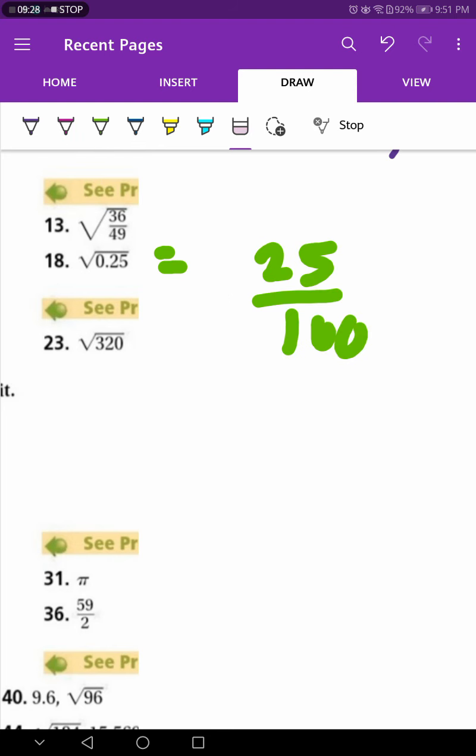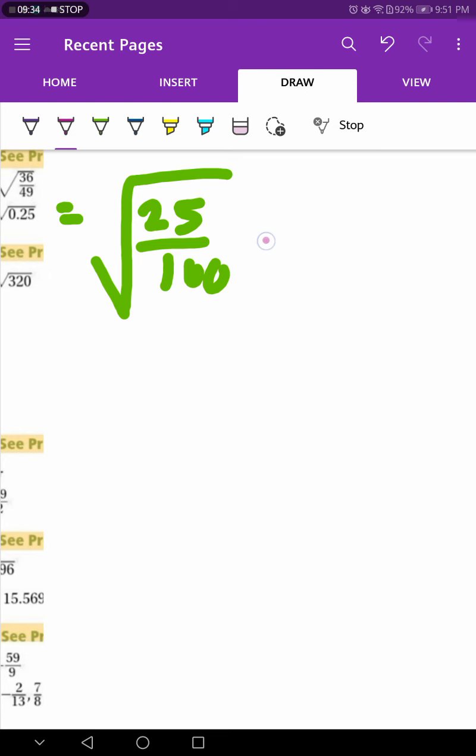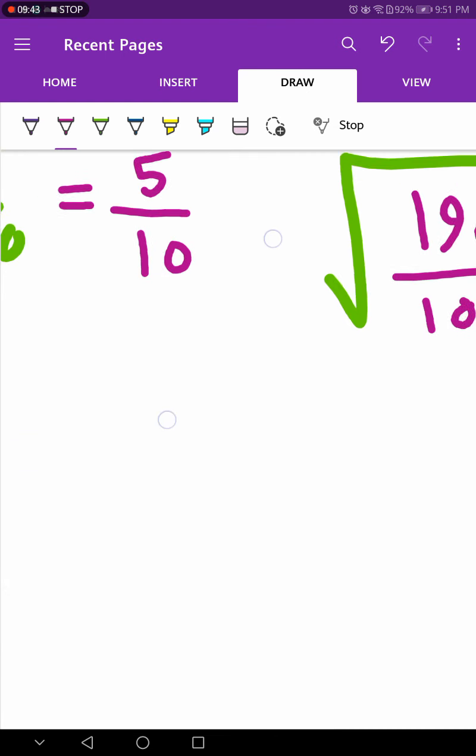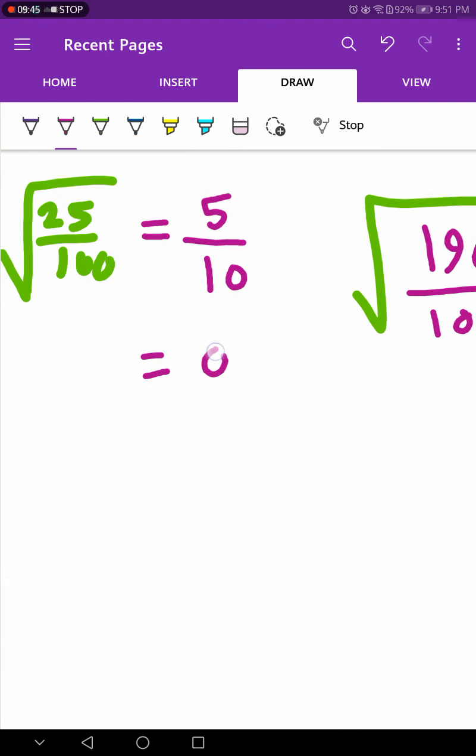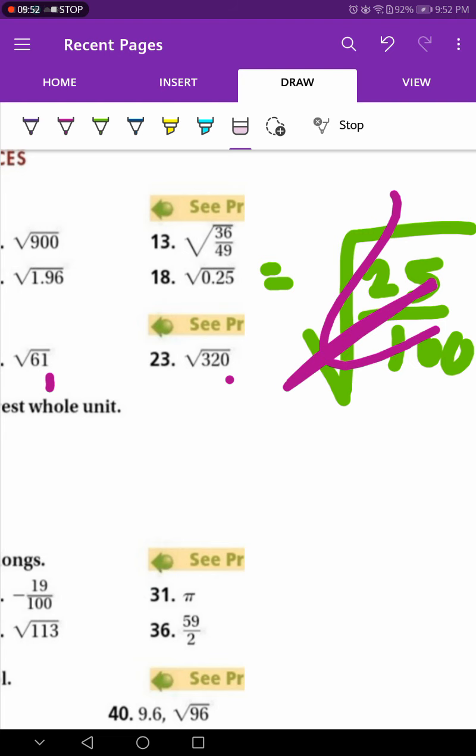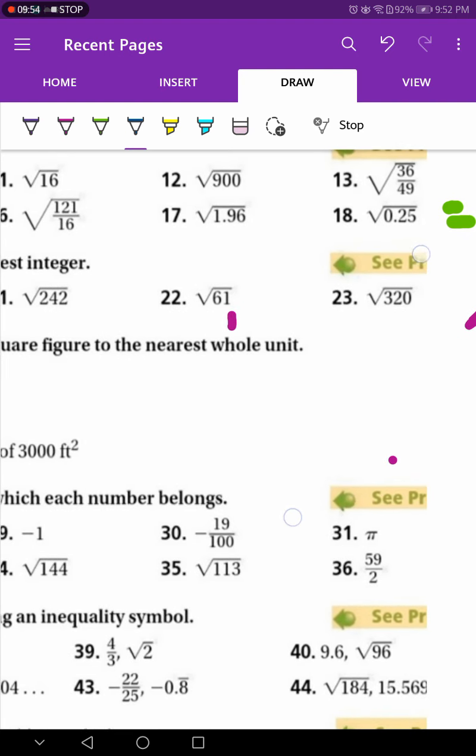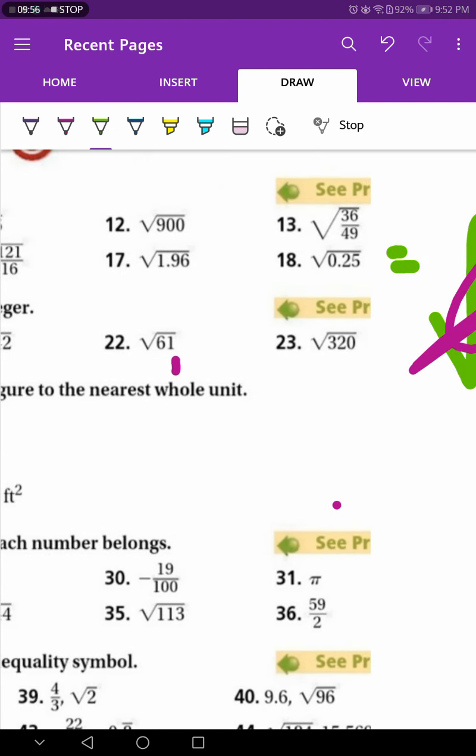The square root of 25 over 100, as you learned, the square root of 25 is 5, and the square root of 100 is 10. 5 over 10 is 5 tenths, so 0.5. So the answer here is 0.5.